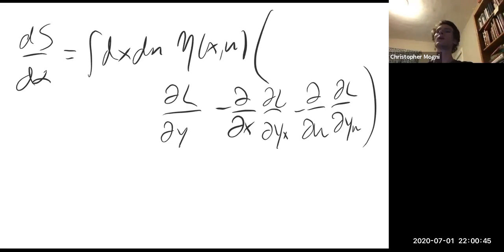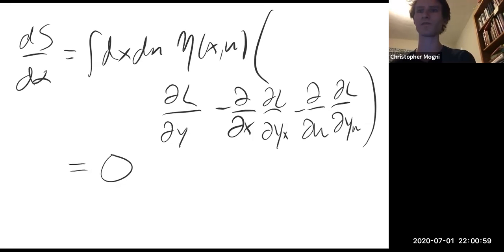Cool. So using the same rationale from before, eta is an arbitrary function. If we're looking for extrema of S, namely which y's do we plug in such that S spits out a maximum or a minimum value for the integral, eta is a non-factor here. It's factored out. Basically, we could plug any eta in, and so for this to be equal to 0, the stuff that's multiplying eta has to be equal to 0.